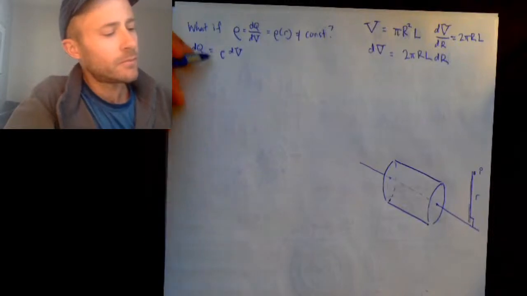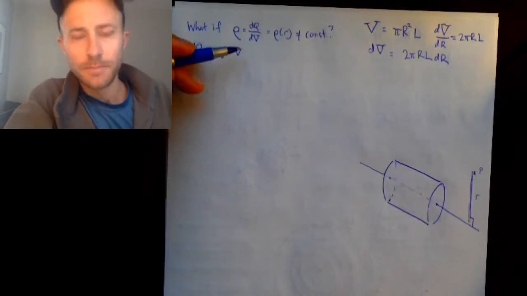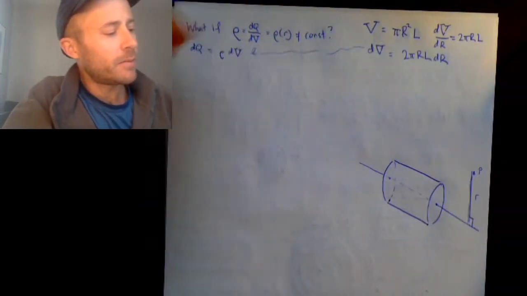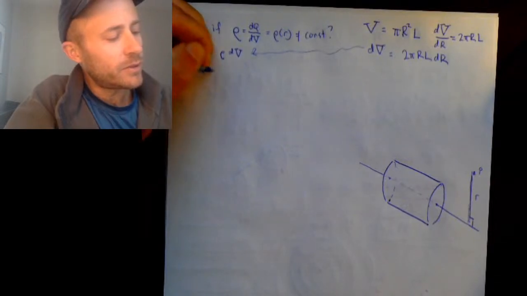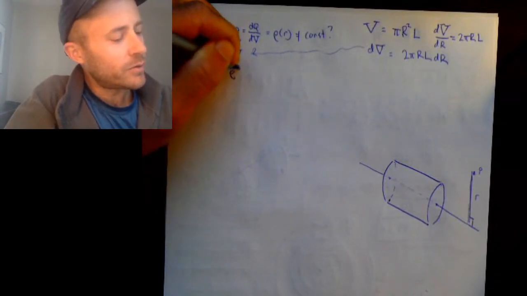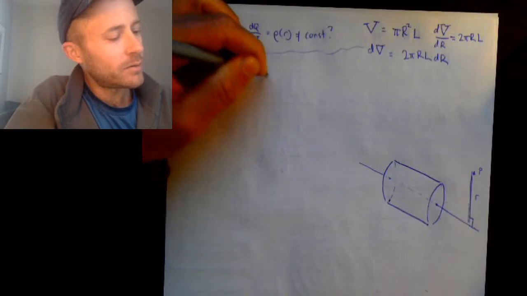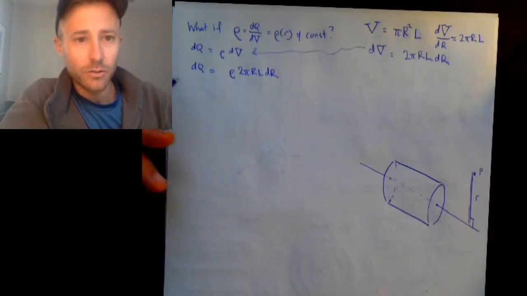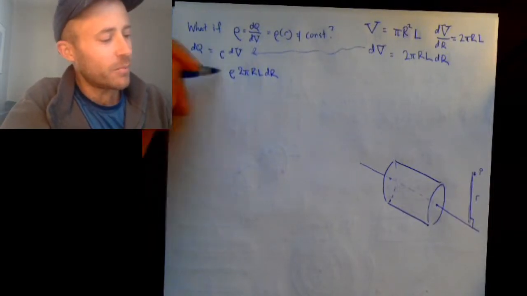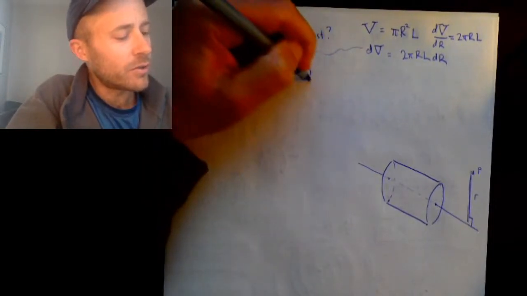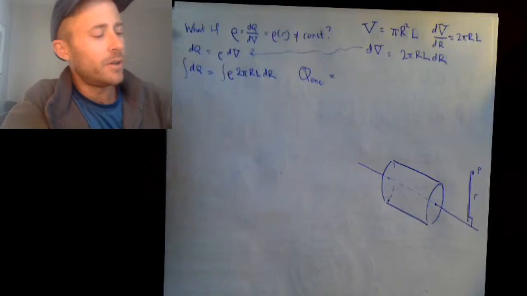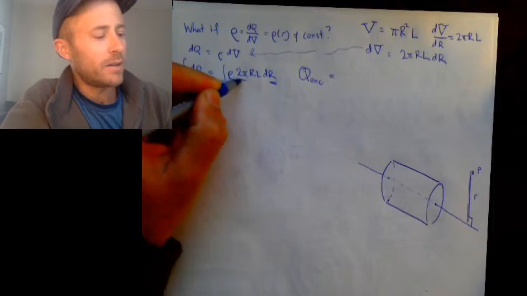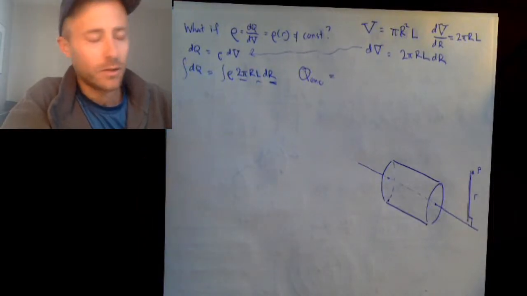We then take this and plug it back into here, and we get that dq is equal to rho times 2 pi r L dr. And then if we want the total charge enclosed within the Gaussian surface, we need to integrate both sides. So the charge enclosed is going to be, and our integration variable is r, so 2 pi and L can be factored out because they don't depend on r.